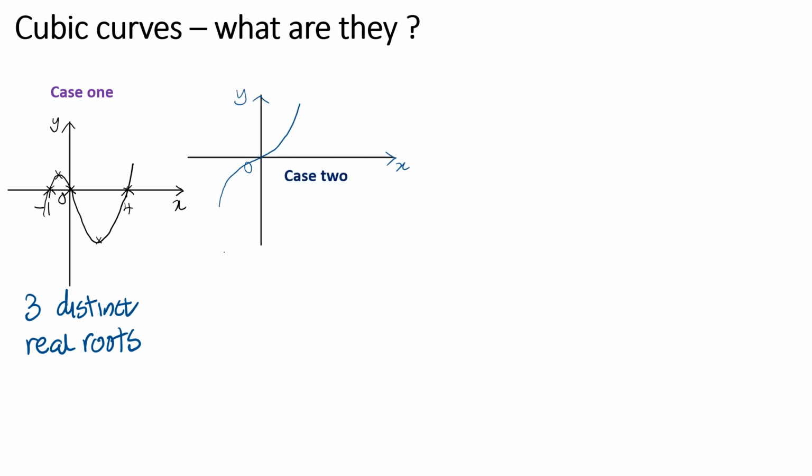Or it could be case 2, where the cubic curve has only 1 solution, that is x equals 0. So there's only 1 real root, that is x equals 0.